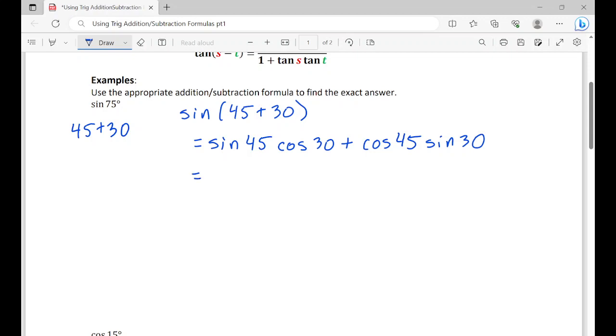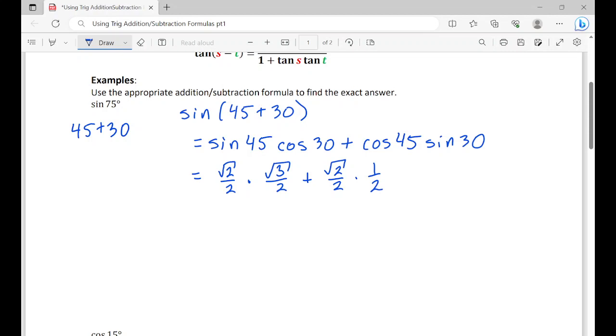And then from here, since these are the nice trig values you find on the unit circle, what does each one mean? Well, sine of 45 is just square root of 2 over 2. Cosine of 30 is just square root of 3 over 2. Cosine of 45 is just square root of 2 over 2. And sine of 30 is just a half.